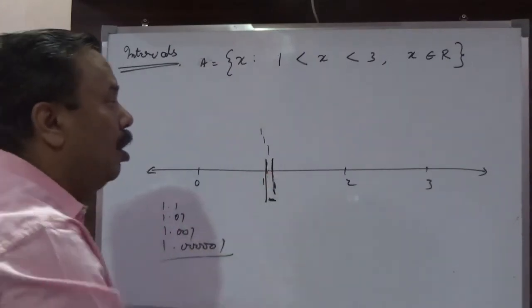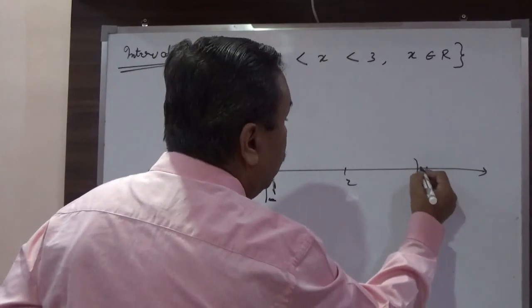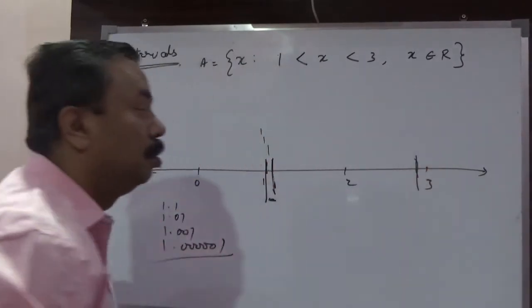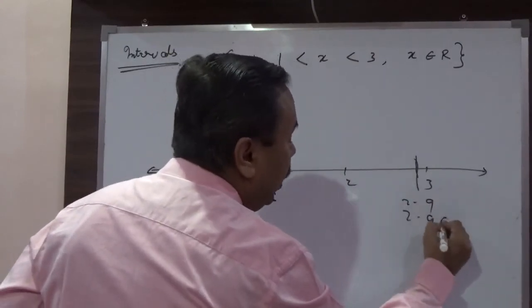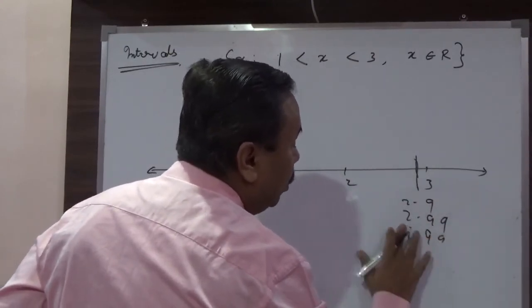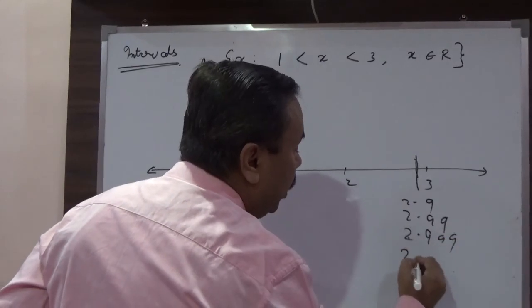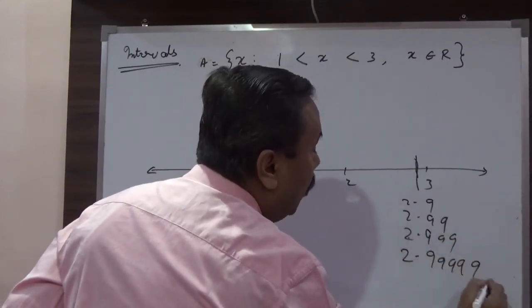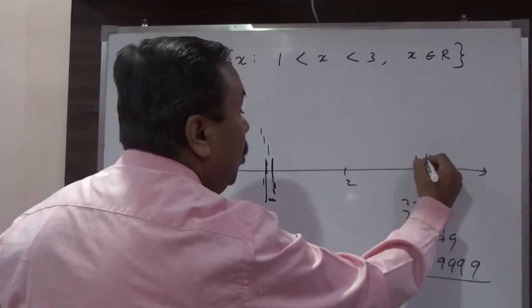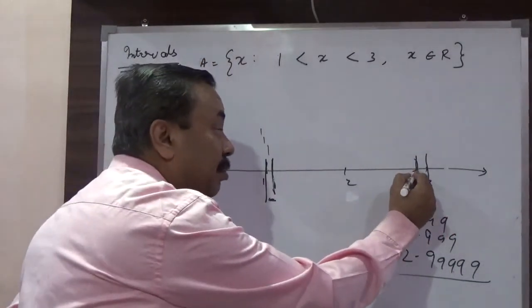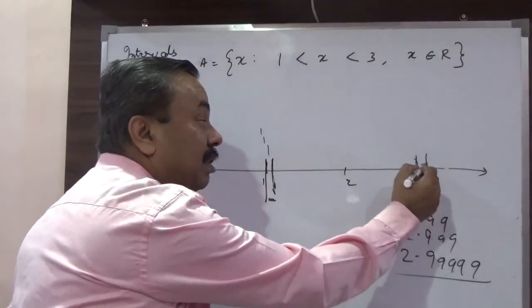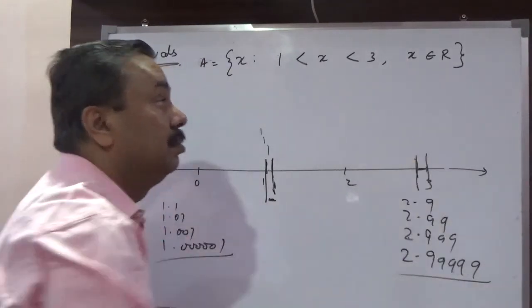Similarly, when you go to the other side, take whatever number close to 3. You can take 2.9, 2.99, 2.999, 2.99999. Whatever number you take, there will be a number greater than this number and less than 3, between these two numbers.